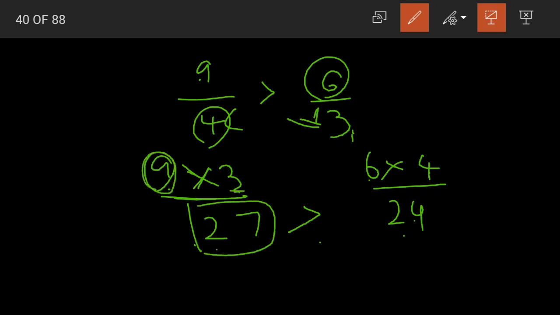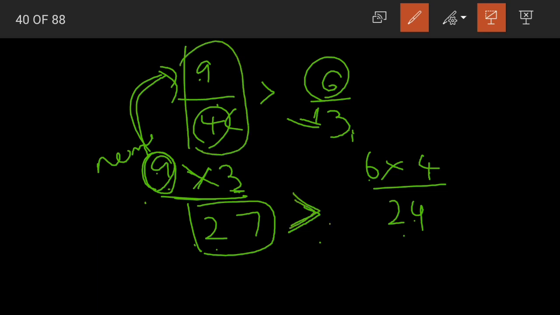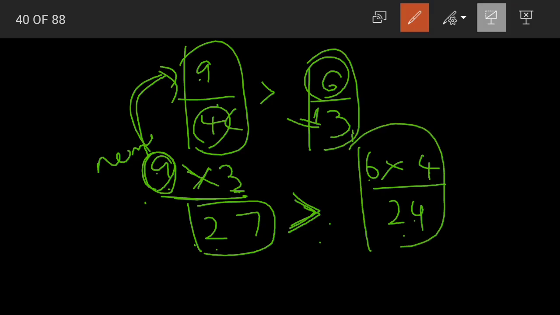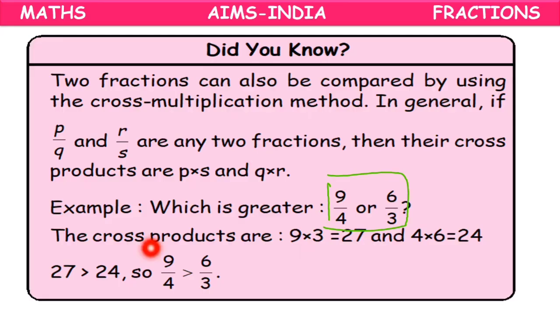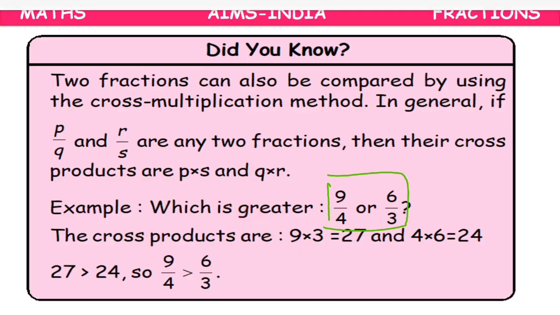We had 9 into 3, where 9 was the numerator of the first fraction. So that is why the first fraction 9 by 4 is greater than the second fraction 6 by 13. Understood, children? Just cross multiply and then compare.